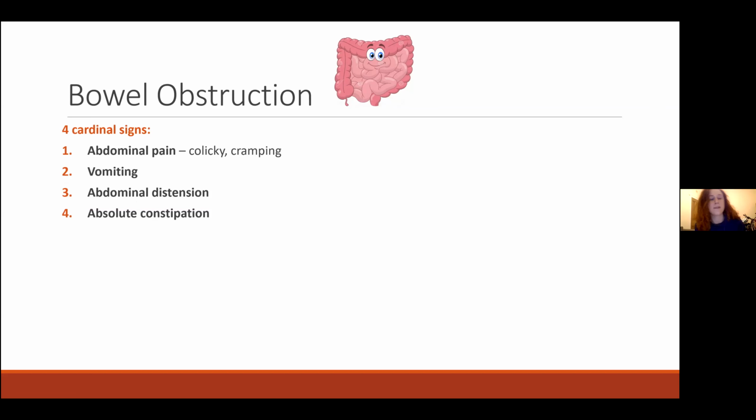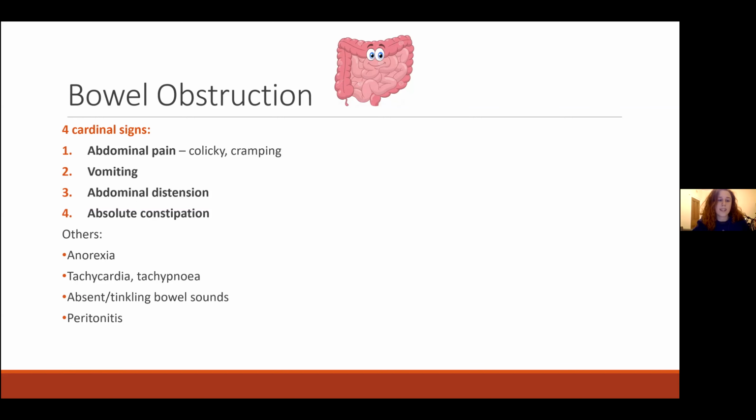So absolute constipation means that they're not only not passing stools, but they're also not passing flatus as well. So then the other symptoms along with this, anorexia, tachycardia, tachypnea, absent or tinkling bowel sounds when you listen with your stethoscope, and peritonitis. Okay, so there's 2 main types of bowel obstruction, small versus large.